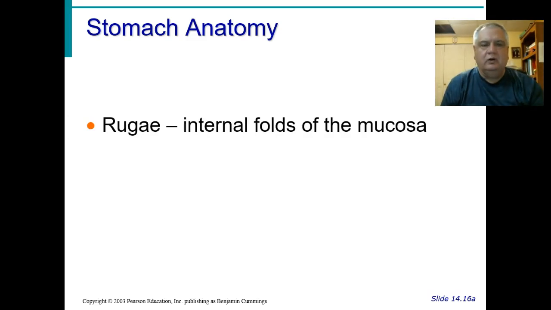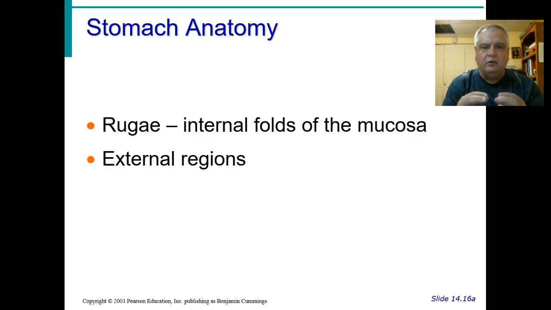So internally, whenever we take a look at the stomach, we're going to see folds in that mucosa. Remember, the mucosa is the innermost layer of the wall of the alimentary organ. The mucosa of the stomach is thrown into these internal folds, called rugae. This is what allows the stomach to expand and contract.